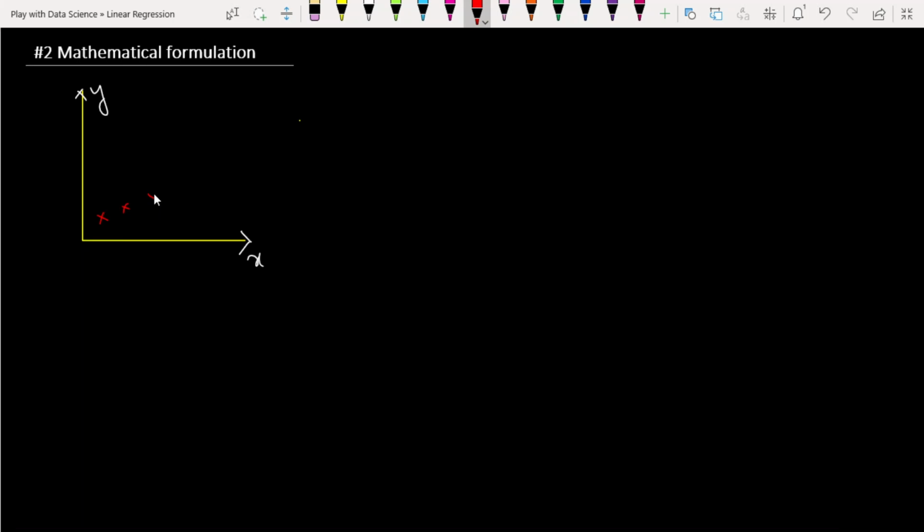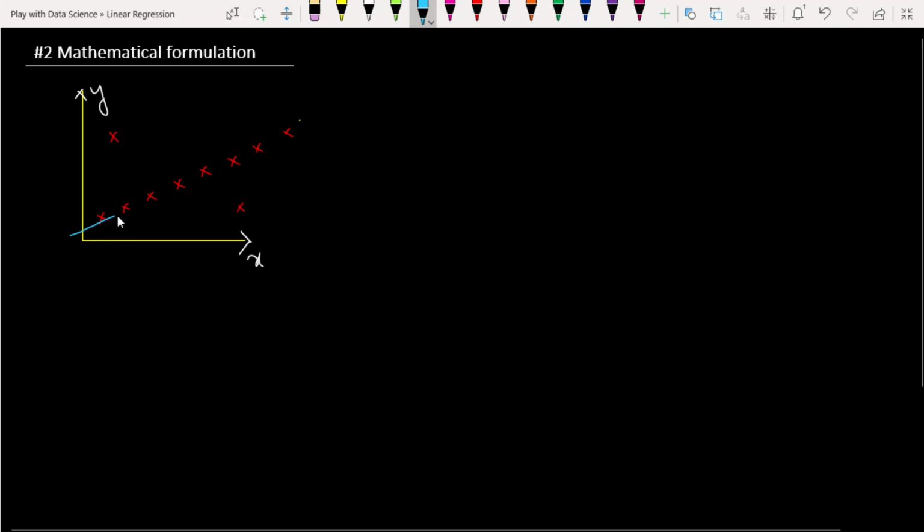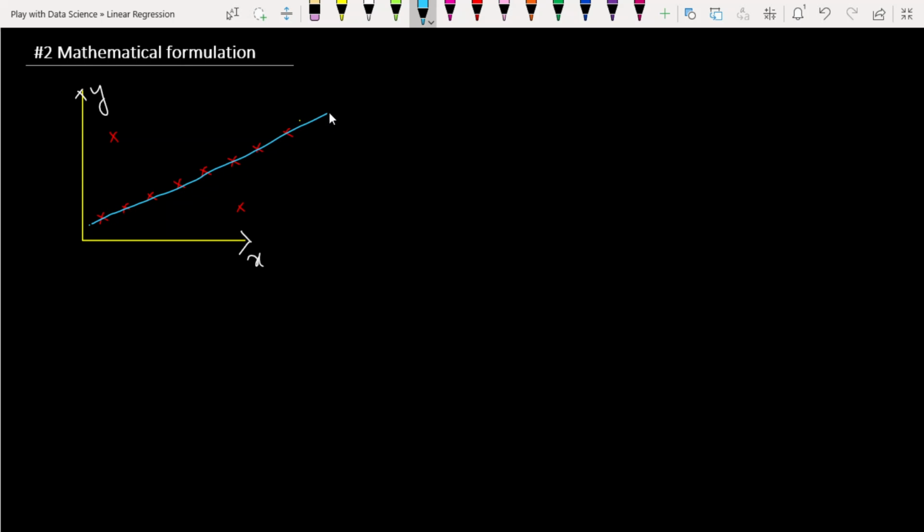I have redrawn this picture that we drew in the previous lecture. Suppose our data set is like this, and you see the best fit of this data is this line. This is the best fit line of this data.